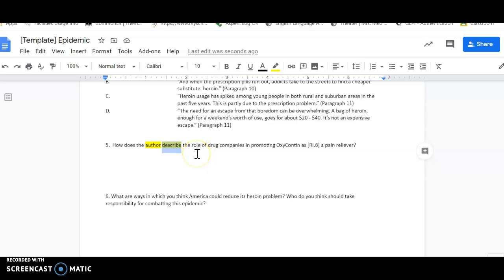So let's continue to look at the question to determine the key terms. How does the author describe the role of drug companies in promoting OxyContin? So drug companies will be another key term there. Promoting Oxy will be additional key terms.